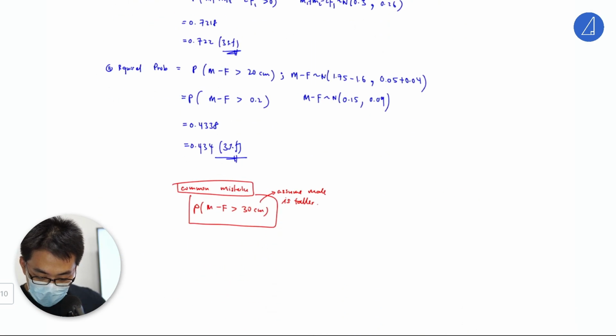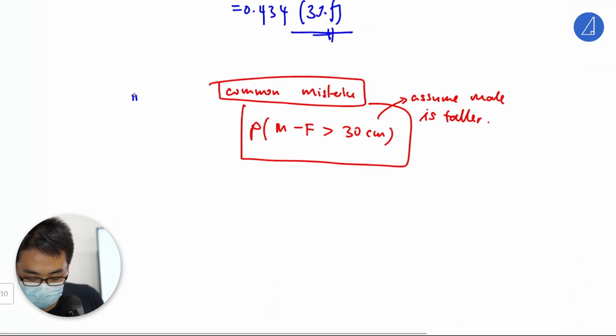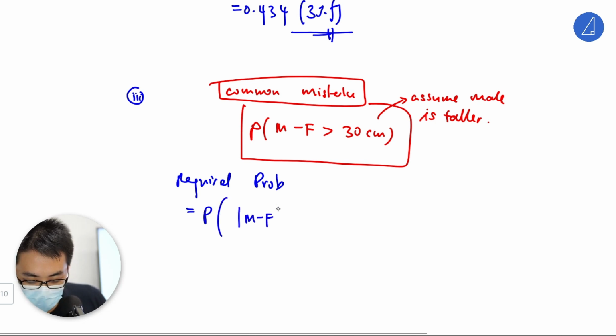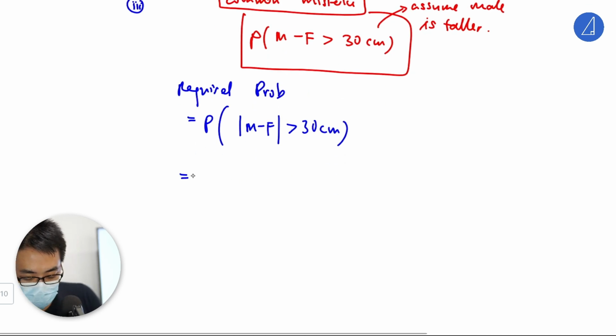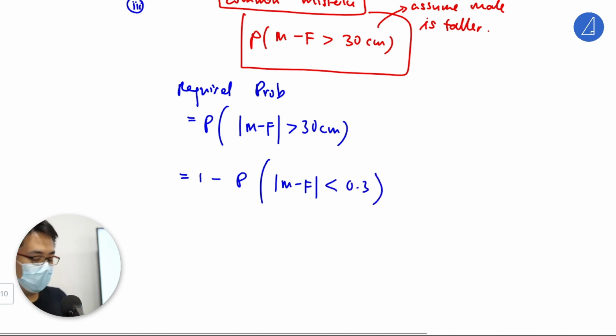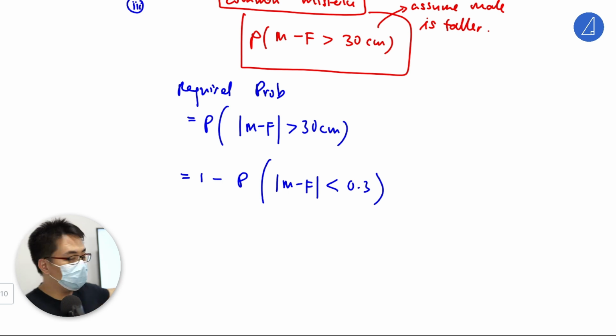So part 3, the required probability is where you want the difference between them to be more than 30 cm. So this case here will be 1 minus P of M minus F less than 0.3. Like that. I like to do left tail because this is easier.